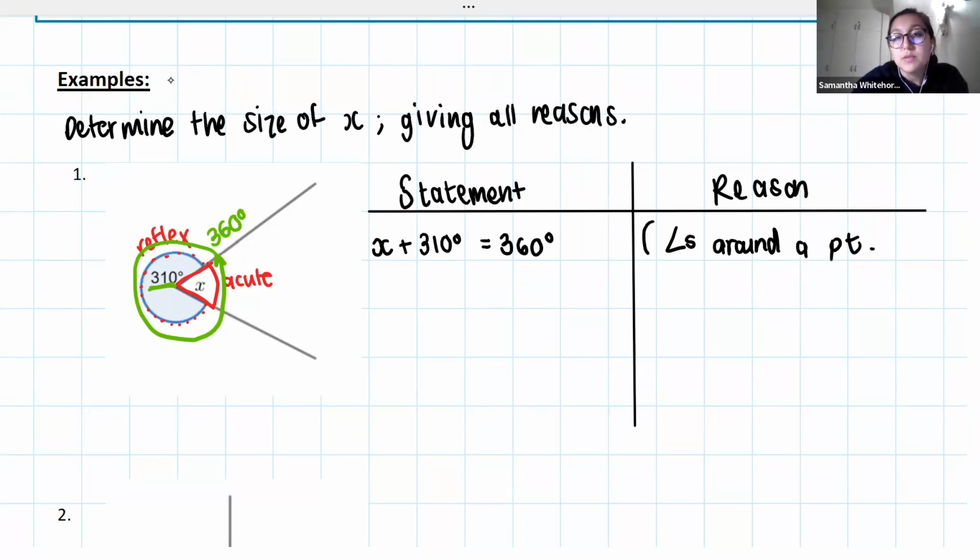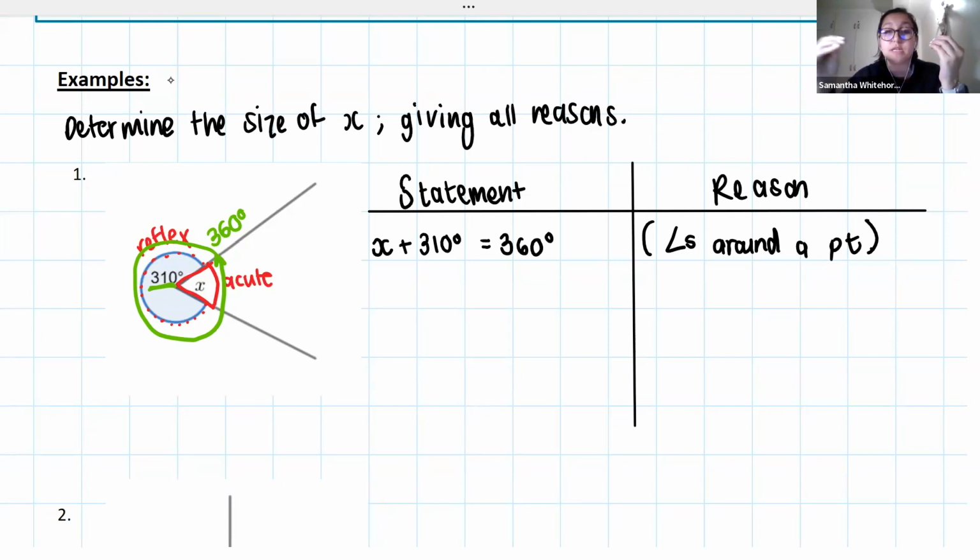If you don't want to split your page in half like I've done, just put your reasons in a bracket. But if you've got your page split in half, got your statement, you've got your reason. So if you think of it, you've made a statement that we're adding two angles together to get 360. The reason I am doing this is because angles round a point add up to 360. So statement, reason, right?